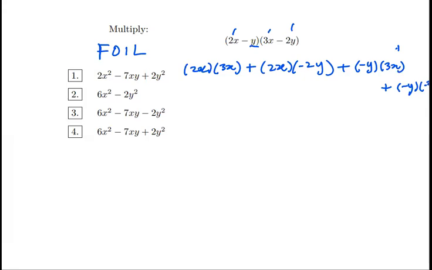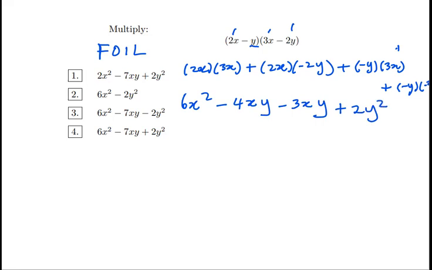Now we just want to work out what these are. 2x times 3x is going to be 6x squared. 2x times negative 2y is going to be negative 4xy. Negative y times 3x is just negative 3xy. And negative y times negative 2y is going to be 2y squared.